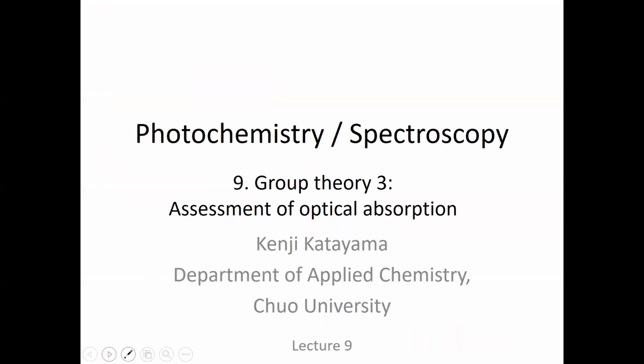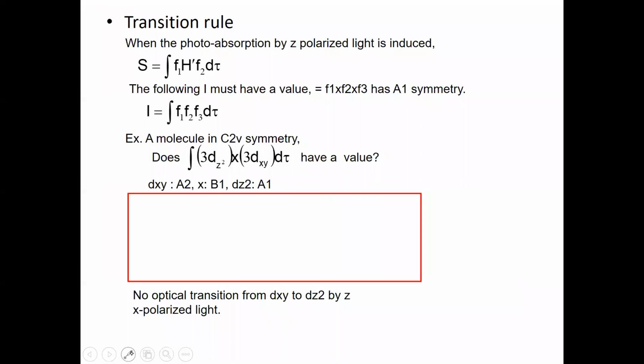So by using these character values, dxy, which is A2, is 1, 1, minus 1, minus 1. The x is B1, which is 1, minus 1, 1, minus 1.